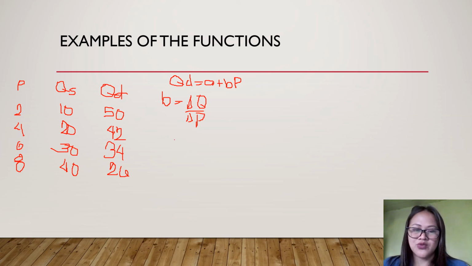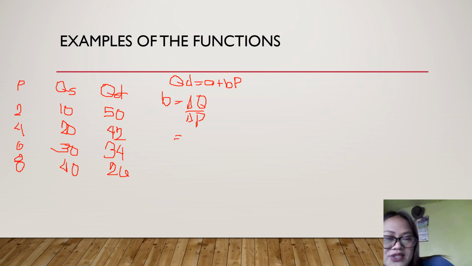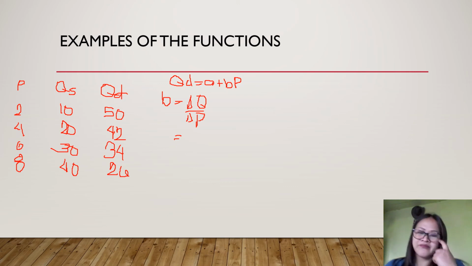Since we have 4 variables in your given example, you may choose among them. Okay lang na kahit ano ang piliin, but do not interchange the values. Let's choose, for example, the last and the first.